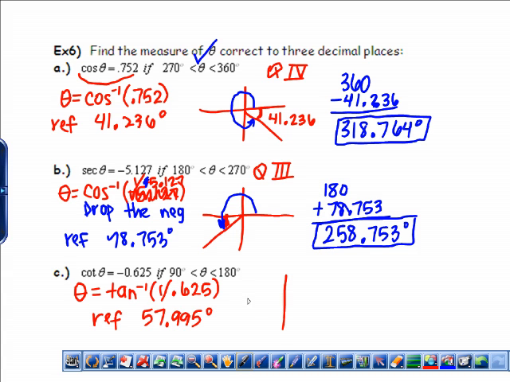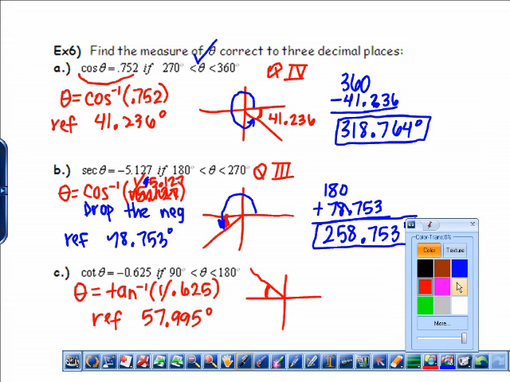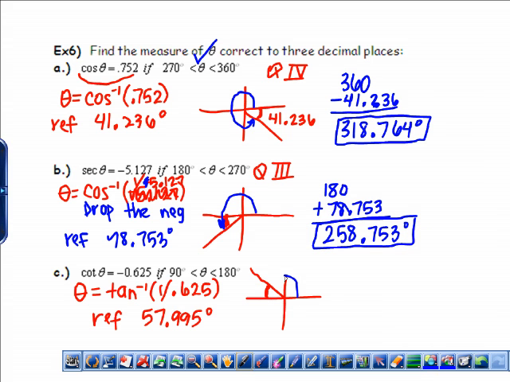Okay, let's draw this. This is in quadrant 2. Remember, our reference angle is always with the horizontal, so 58 degrees approximately right there. What we need to do is find the angle in standard position, and in this case, again, it's not like you have to memorize these rules. You can draw the picture and think about it logically.